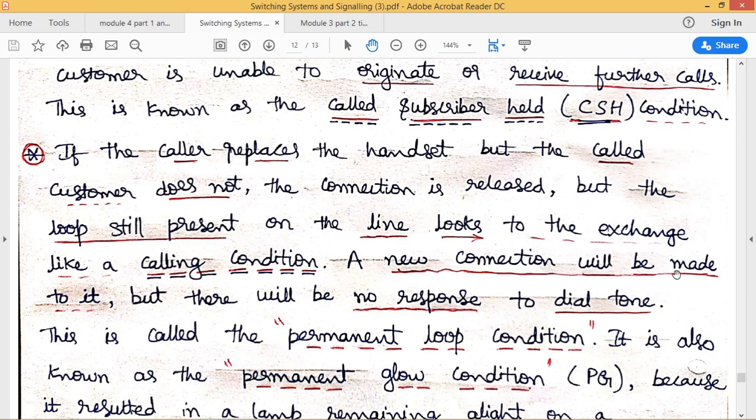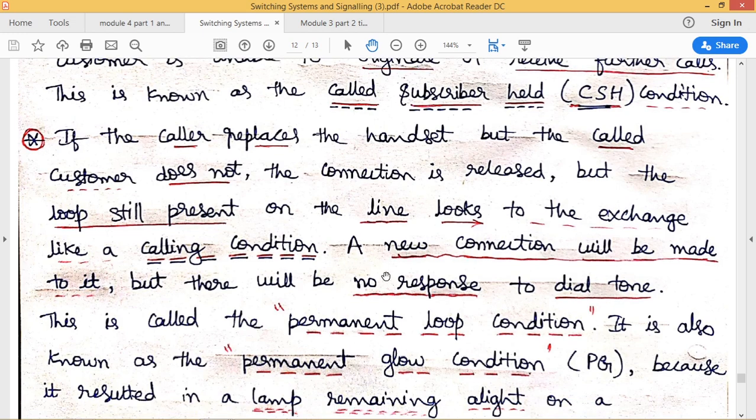A new connection will be made to it, but there will be no response to dial tone. Since the called person has not gone on hook, the exchange makes a new connection to the called person, but there will be no response.